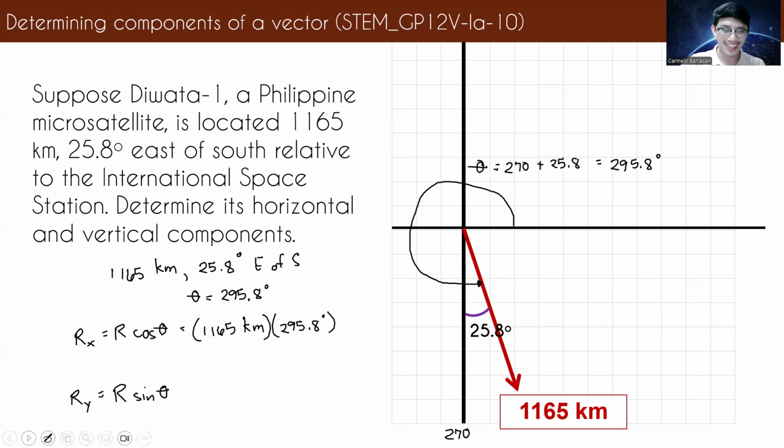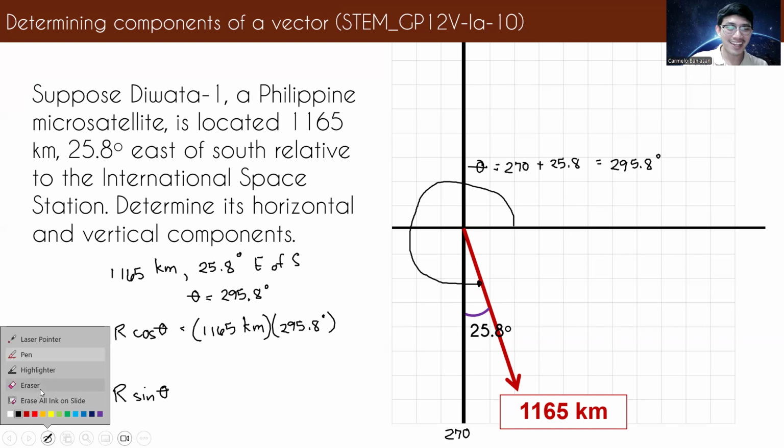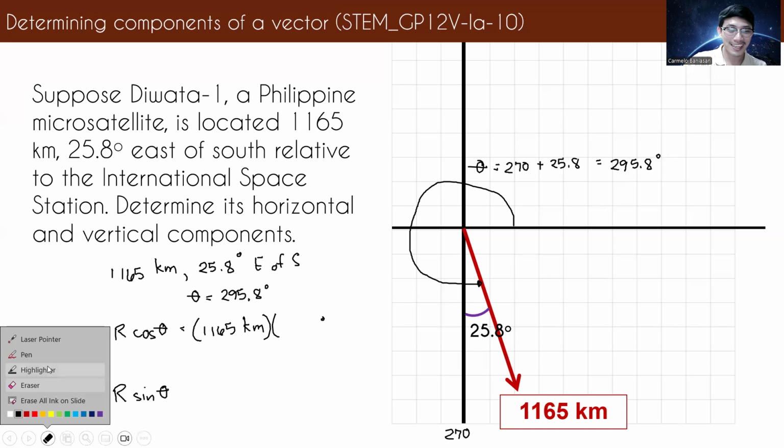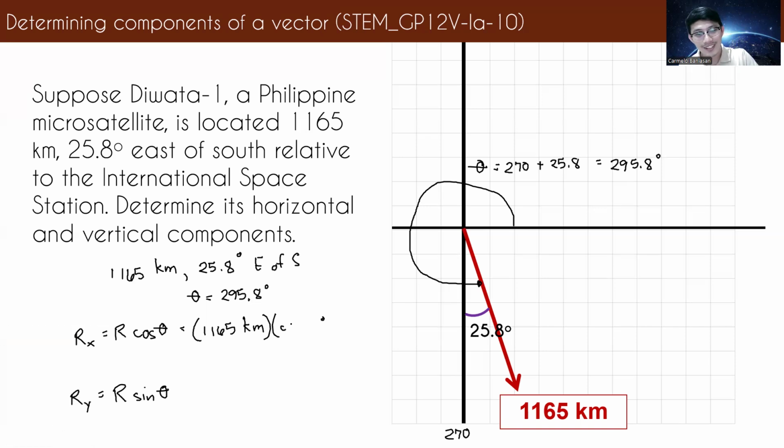Sorry, it should be cosine. Cosine of 295.8 degrees. That gives you what?